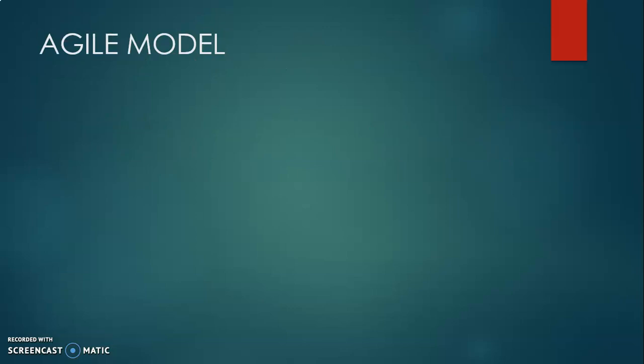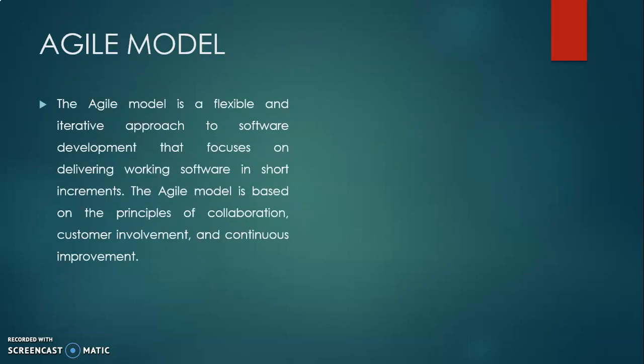So the next one is the agile model. The agile model is a flexible and iterative approach to software development that focuses on delivering working software in short increments. So the agile model and the iterative model have a lot in common. They are similar, but trust me, they are quite different.